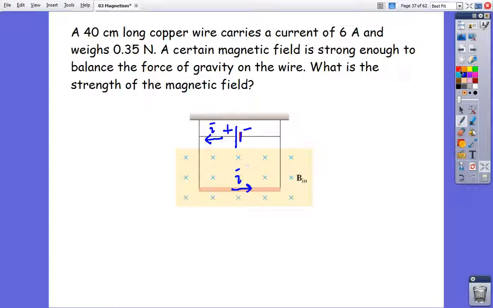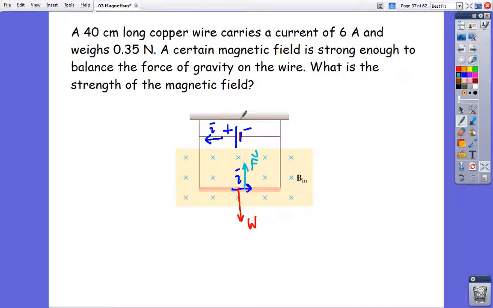So let's draw the weight. The weight is directed downward, and to cancel the weight, where's the direction of the force? Of course, the direction of the force should be upward. Now, what is the magnetic field strength?